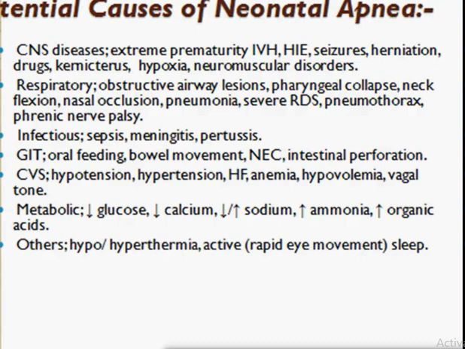Cardiovascular system: hypotension, hypertension, heart failure, anemia, hypovolemia, vagal tone. Metabolic: hypoglycemia, hypocalcemia, hypo or hypernatremia, hyperammonemia, organic acidemia, etc. Other like hypo or hyperthermia, active or يسموها rapid eye movement sleep, all of these cause neonatal apnea.